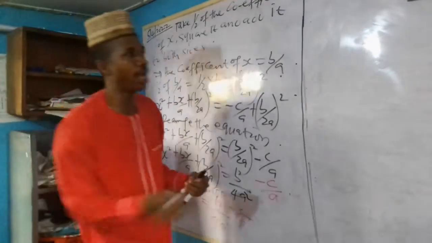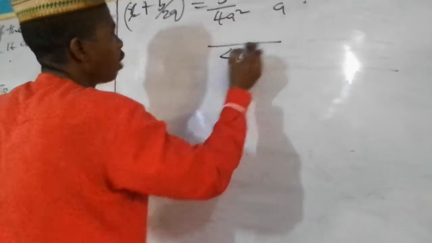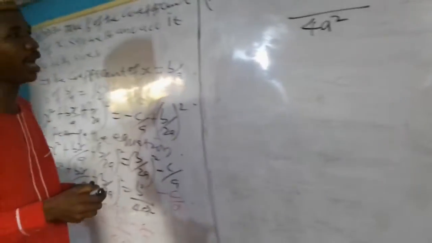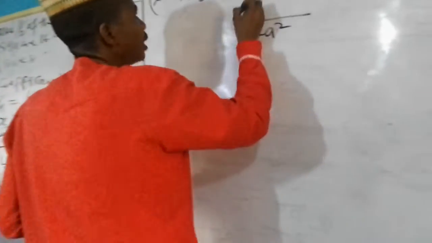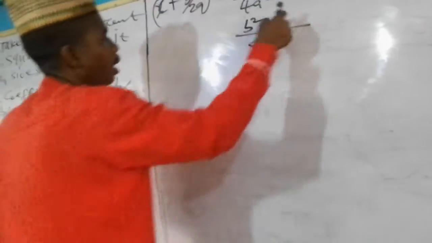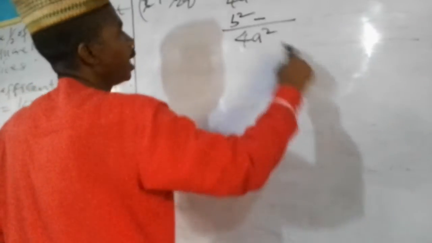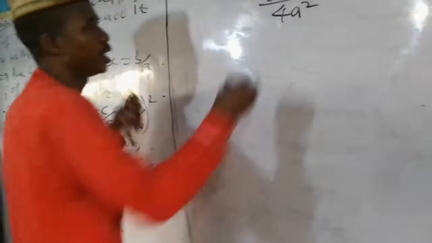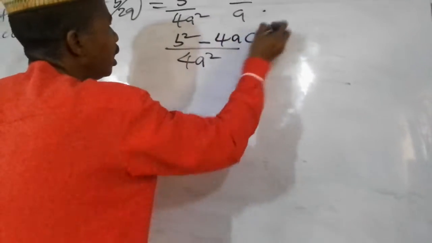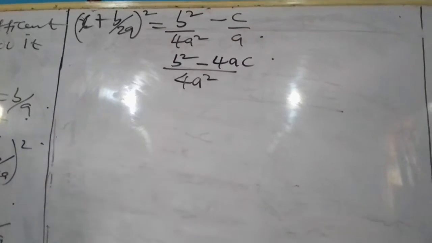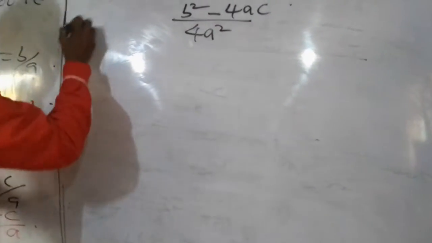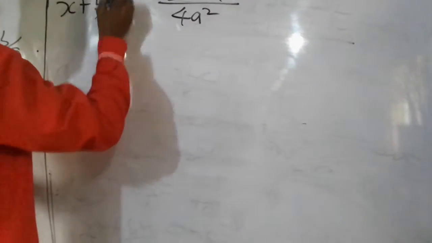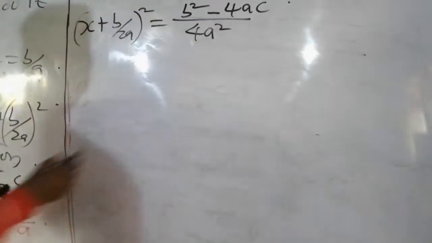Taking the LCM of this, the LCM of 4a squared and a is 4a squared. 4a squared goes into 4a squared once, times b squared, minus 4a times c, that is 4ac. Having this, we have x plus b all over 2a, everything in bracket squared, equals this.